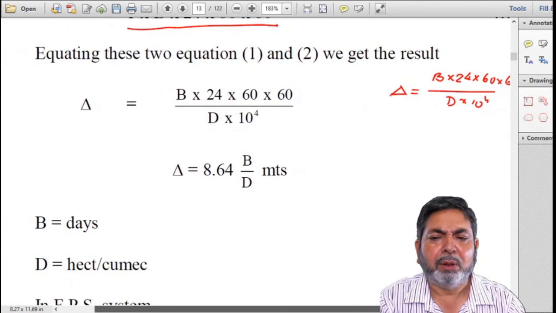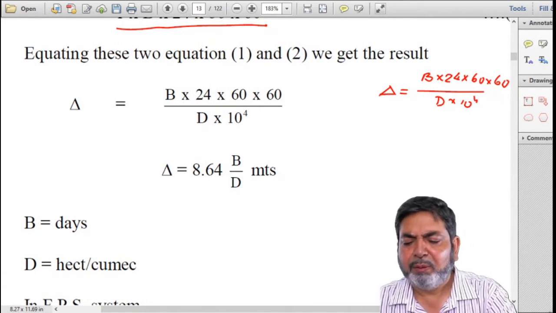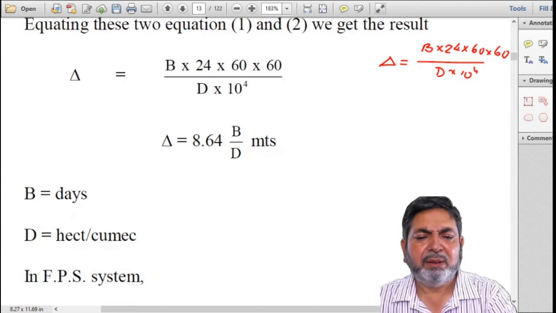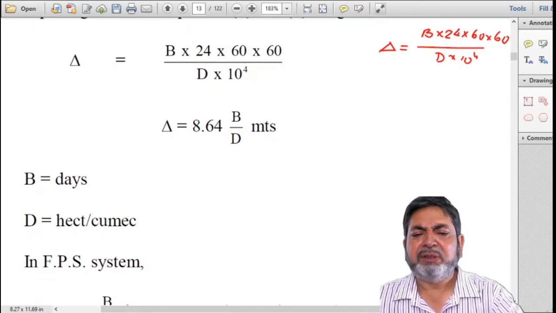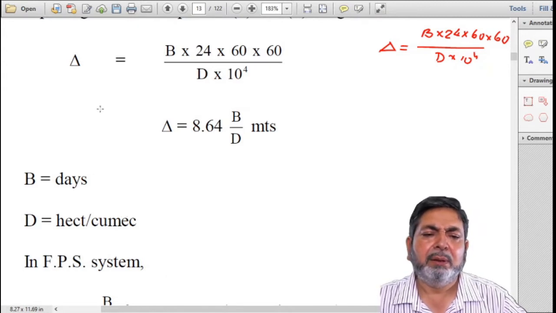Now here you can see that B is the number of days, D is hectares per cubic meter per second. So this is the relation between duty and delta. Understand?